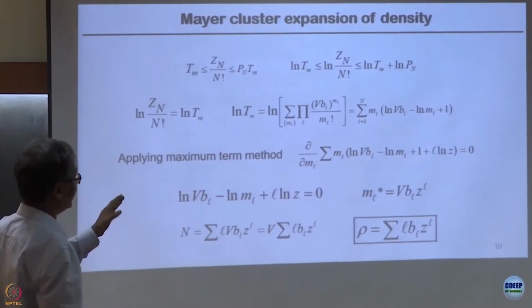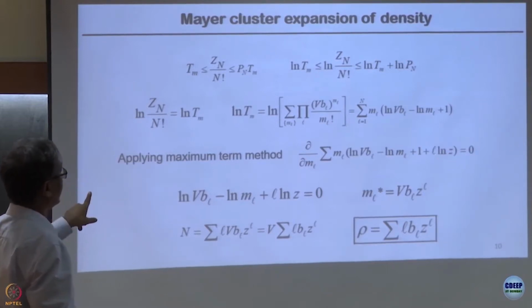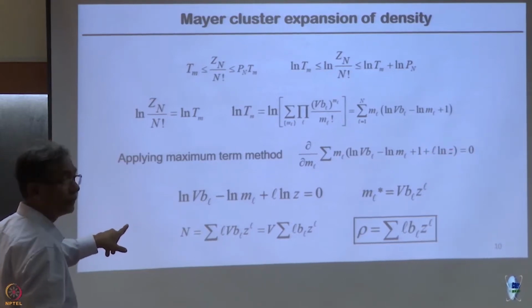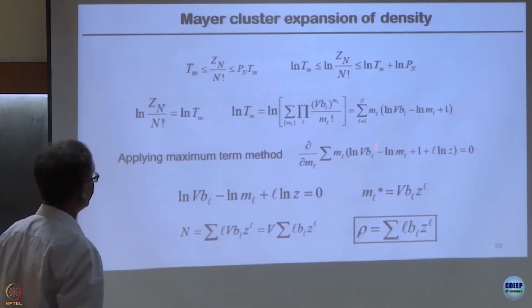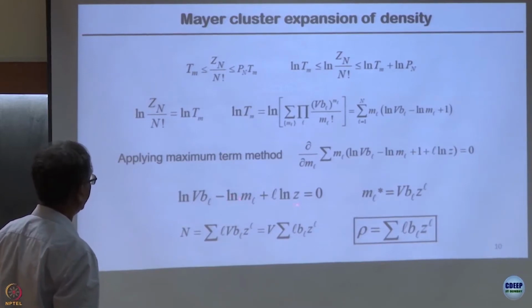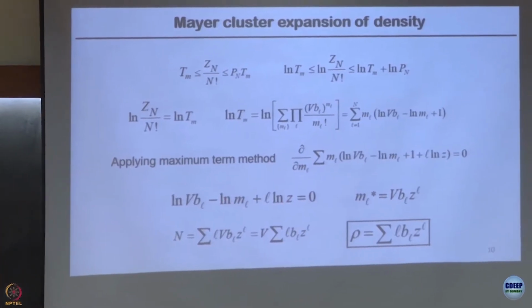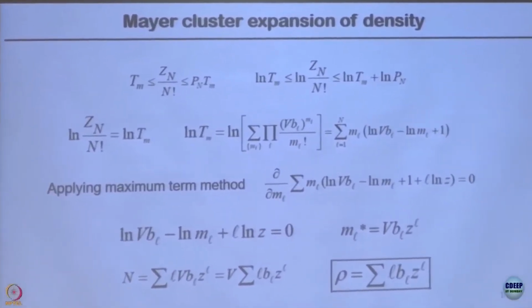I take the notation ln z knowing what will come later, and then I differentiate with respect to ml. Remember that is a constraint that has to be n, that is why it is there. And then you get this quantity, ln ml, ln z, which as I said I put in by hand as a Lagrangian multiplier, ml star vbl to the power z l.